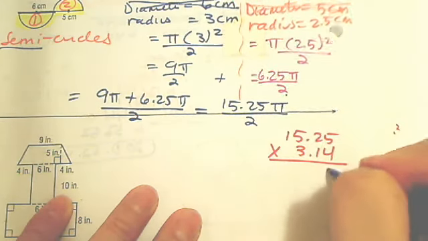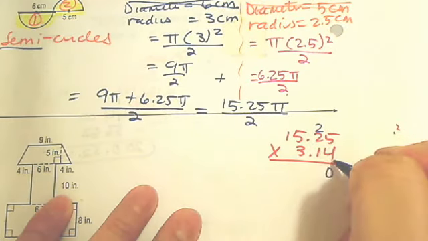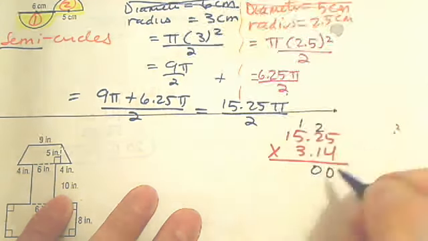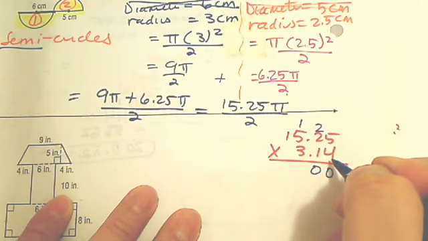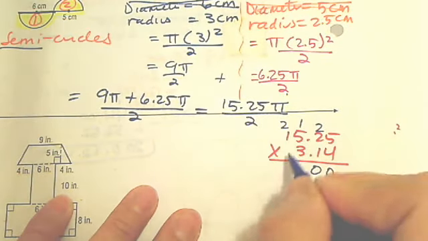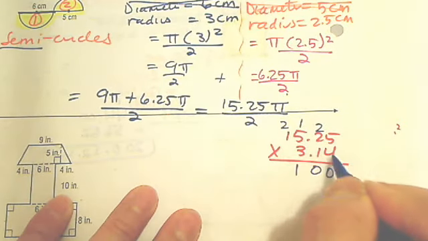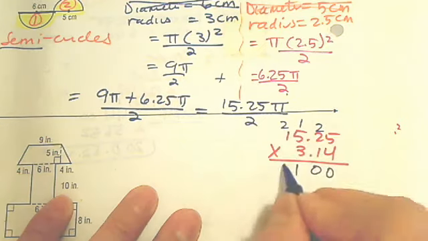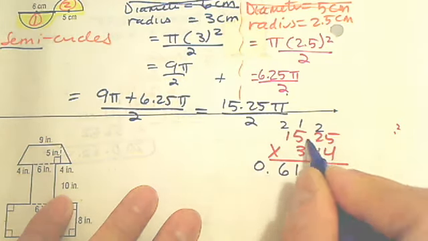5 times 4. Carry the 2. 2 times 4, 8 plus 2 is 10. Carry the 1. 5 times 4, 20 plus 1, 21. Carry the 2. 4 times 1 plus 2, 6. I'm at 4 decimal spaces over.